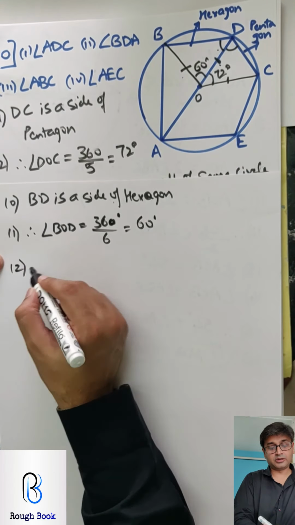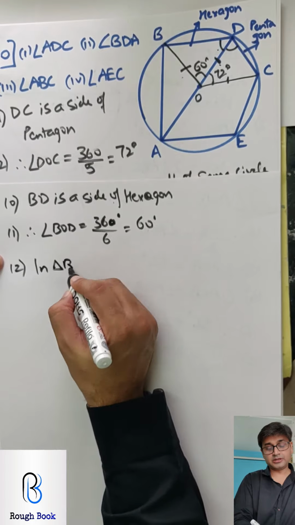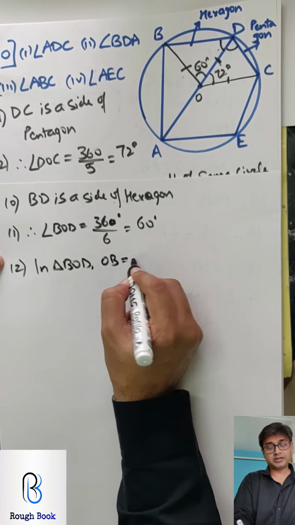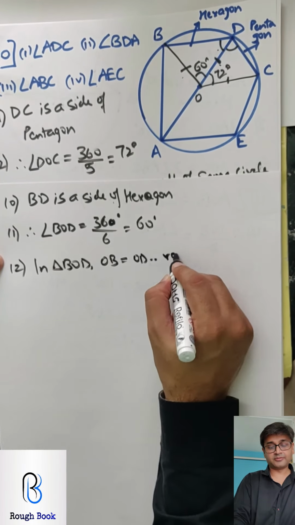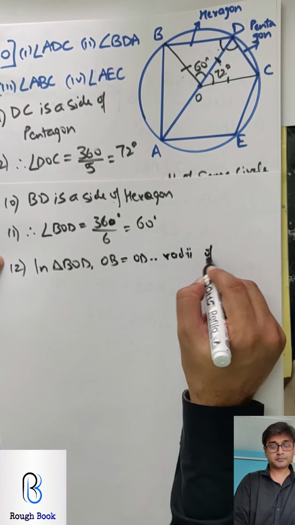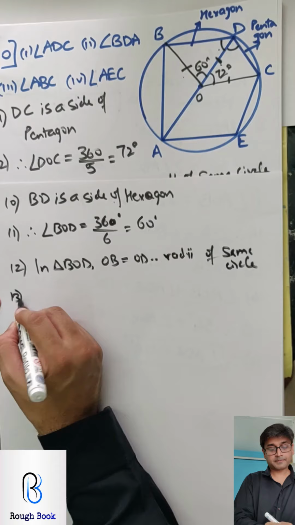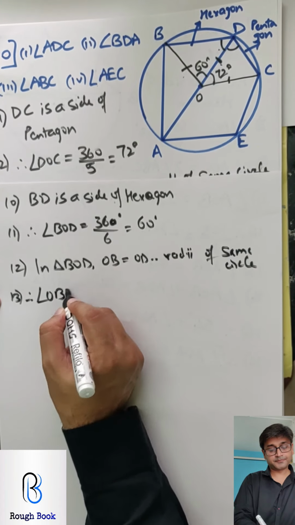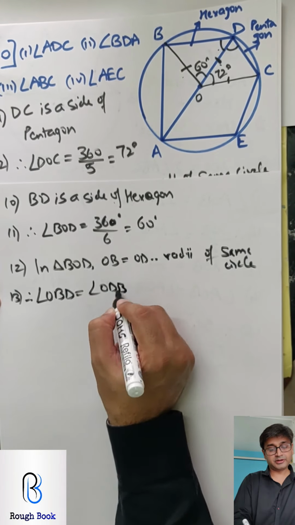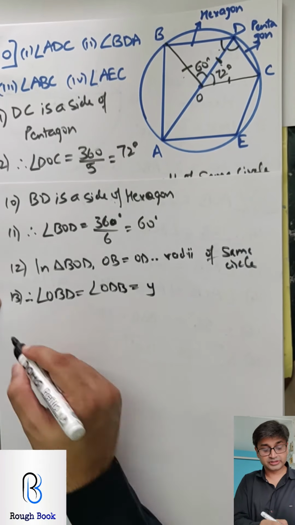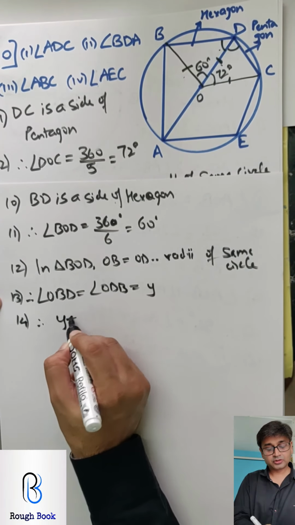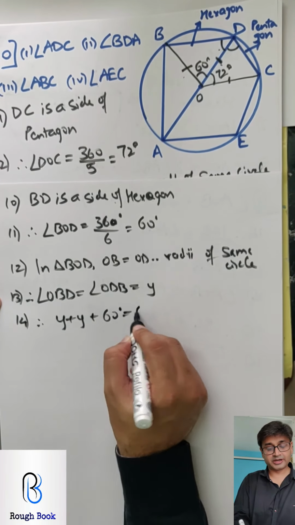Now sides are equal. So in triangle BOD, OB equals OD, radii of same circle, and therefore angle OBD equals ODB. Don't say X now because you already used X. So let's use Y. So Y plus 60, 180.